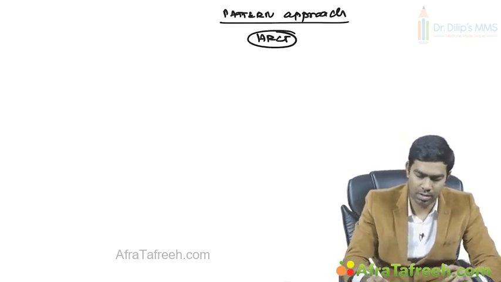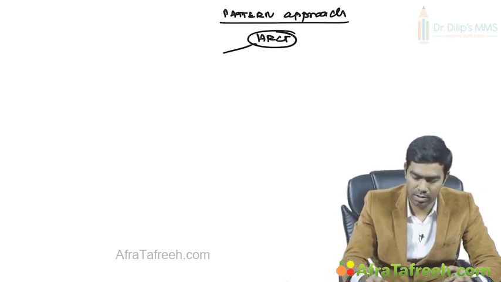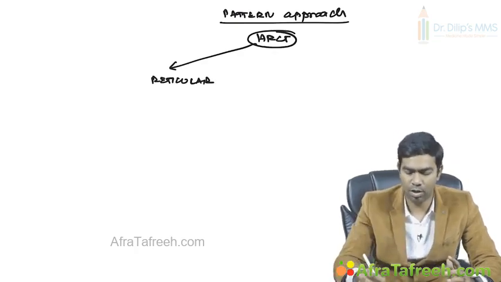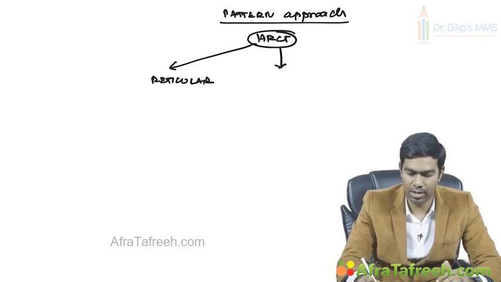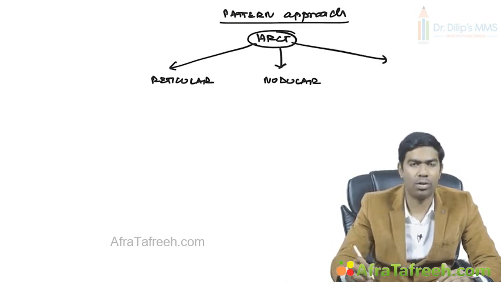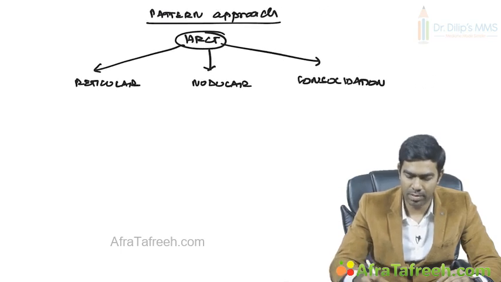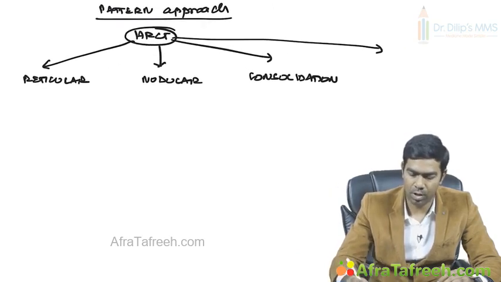The first pattern we are going to call the reticular pattern. Remember, I am telling predominantly only. Next I will be telling nodular pattern, then I will be talking about consolidation pattern, then ground glass pattern.